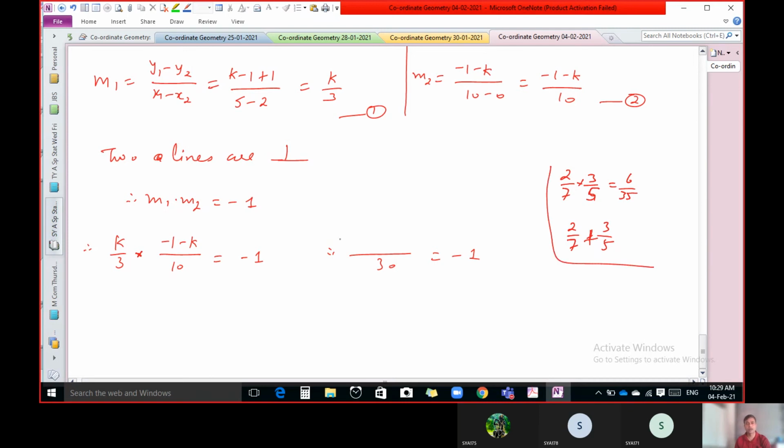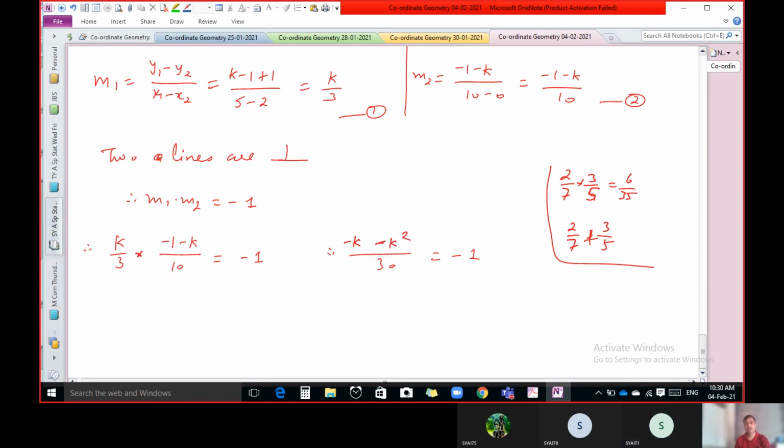Here multiplication is there. Now tell me what we have to write in the numerator. You cannot cancel this. You have to multiply k with this. Minus k minus k square.